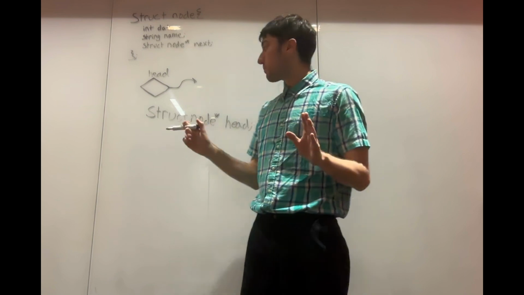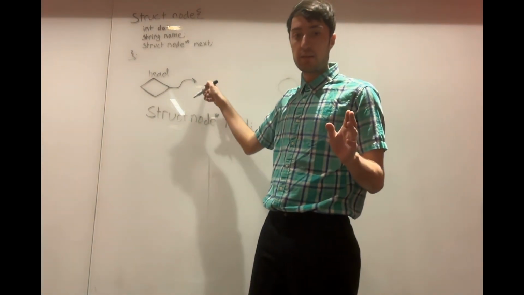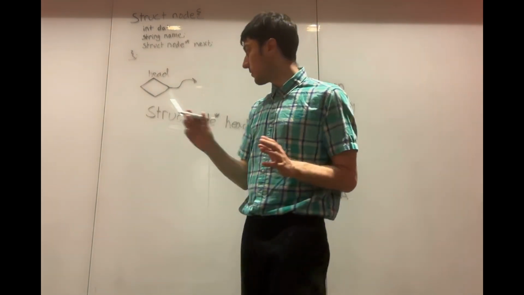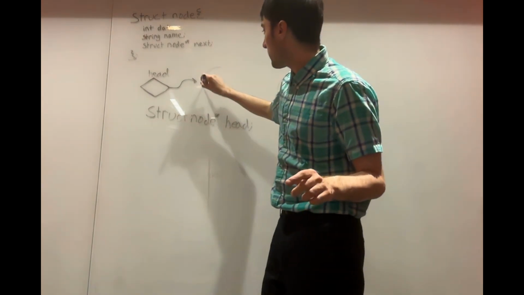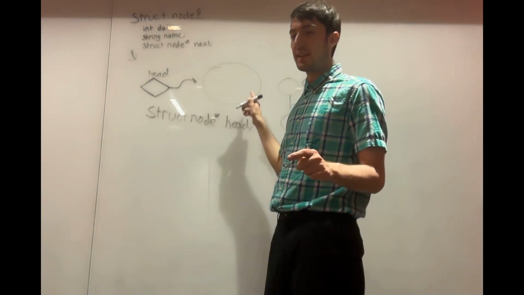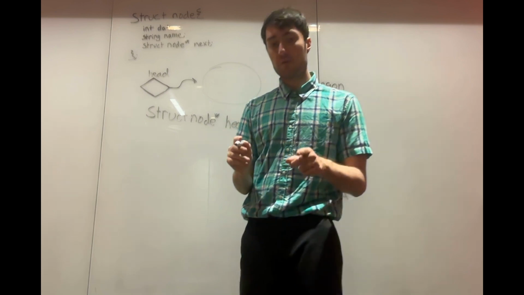Right now, we do not have any memory allocated to create a node. So I need to allocate some memory. The way we're going to do this is the malloc function.